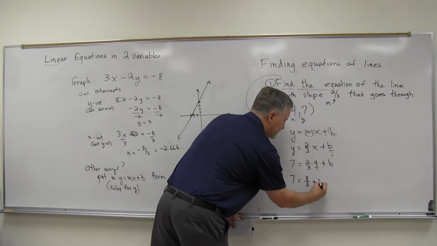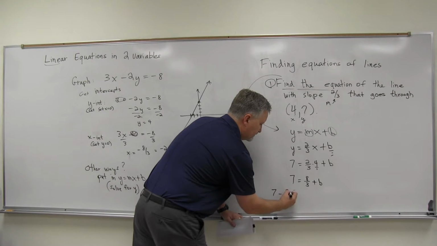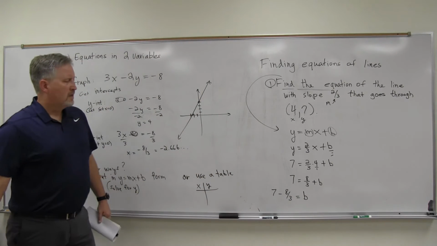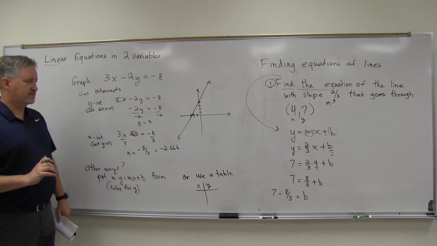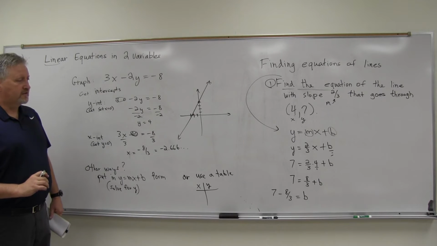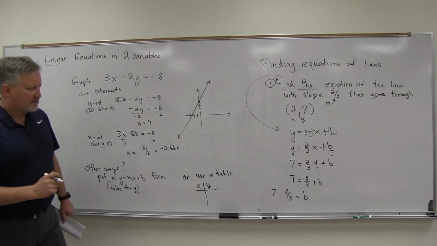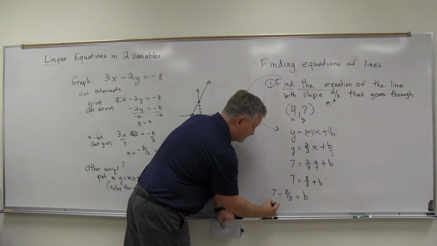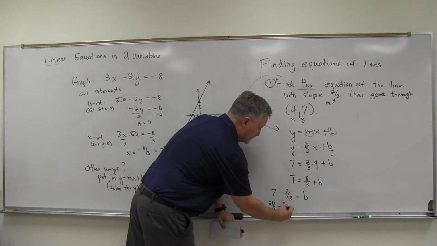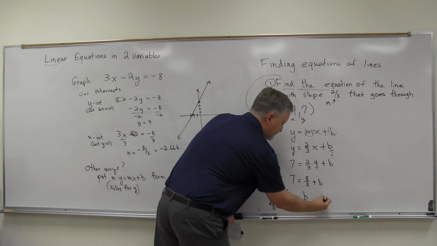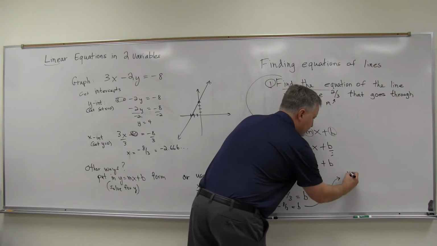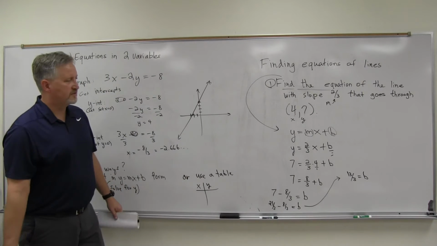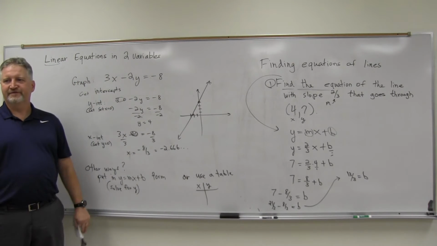All I have to do is subtract 8/3 from both sides, and that's my b. That one's not a nice terminating decimal, but it's not too hard. 7 is 21 over 3 minus 8 over 3, so what's b? 13 over 3. Various ways to get that, but yeah, the b is going to be 13/3 or some equivalent.